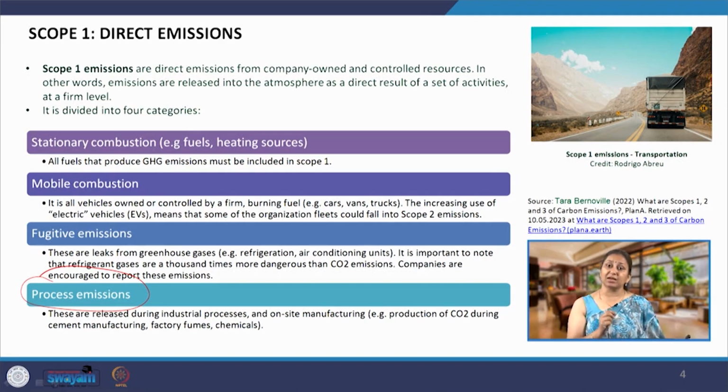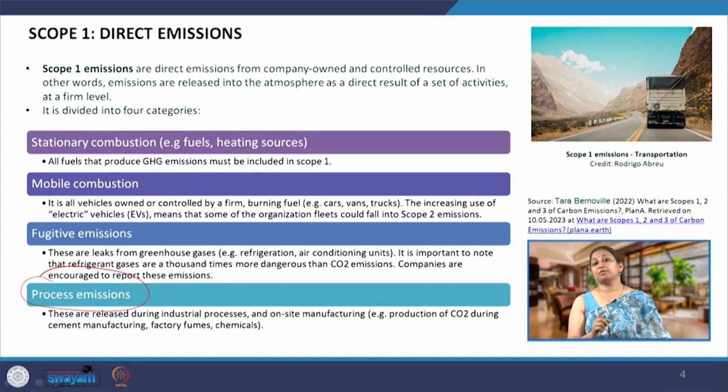This is what will come in scope 1 emission. These are directly happening within the facility which is under the direct control of this company. So, all such process emissions will come under scope 1 emissions, and this is one of the most significant parts of the overall emissions for some industries, for some companies, not all.